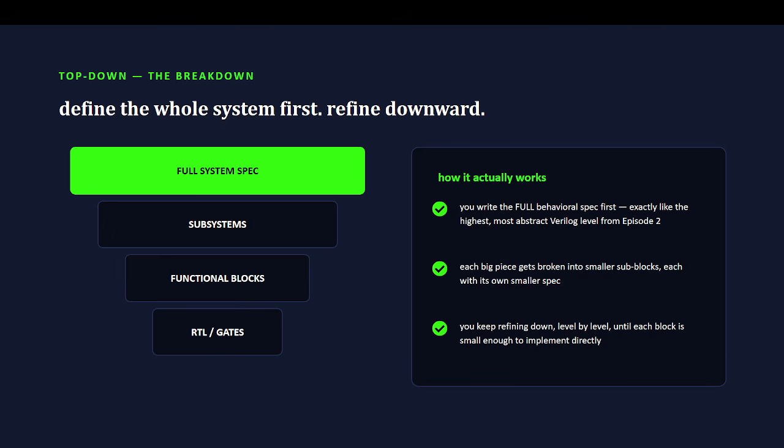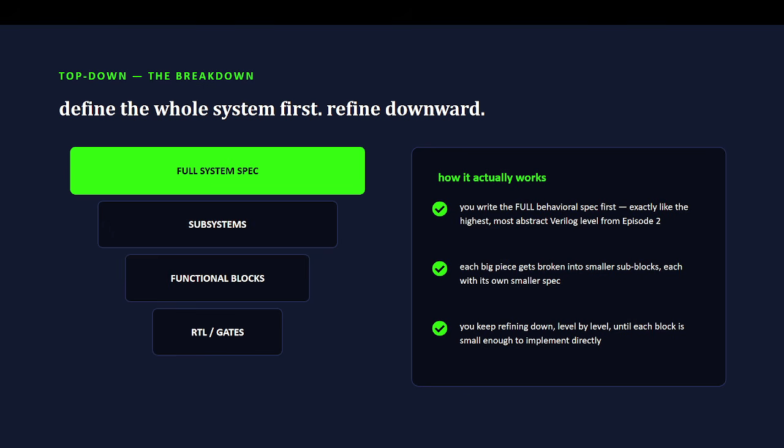From there, that specification gets broken into subsystems. Big functional chunks of the design, each handling one major piece of responsibility. Each subsystem then gets broken further into functional blocks, smaller, more specific pieces, and finally each block gets refined all the way down into actual RTL and gates.